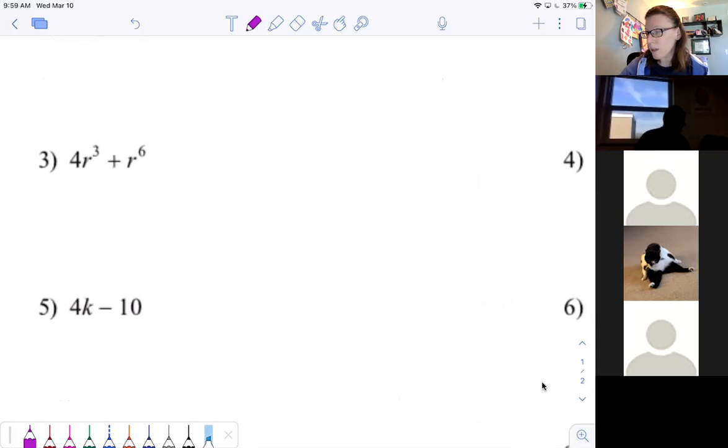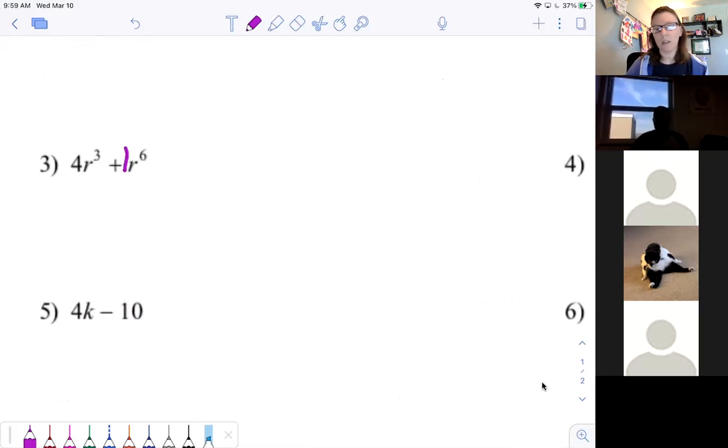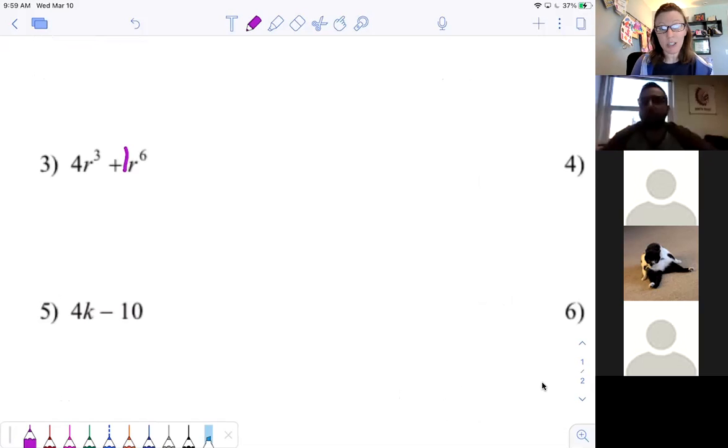The first term has a 4, the second term has a 1. And 4 and 1 aren't divisible by anything. So this doesn't have a GCF that's a number.